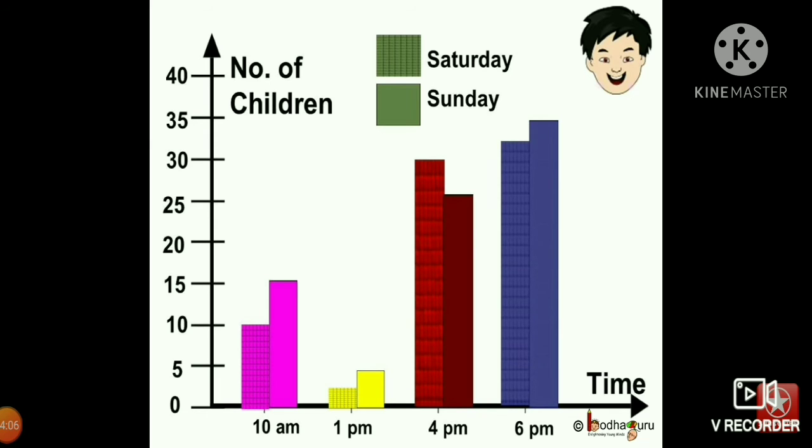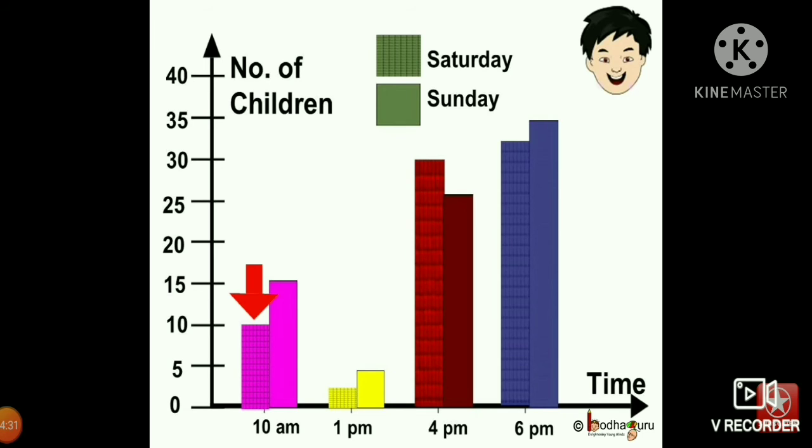Same timings. See, the pink color is representing 10 a.m., and the box appearing in green color is Saturday, and the same green color with nothing in it is Sunday. The two shaded parts they have given as the hint.